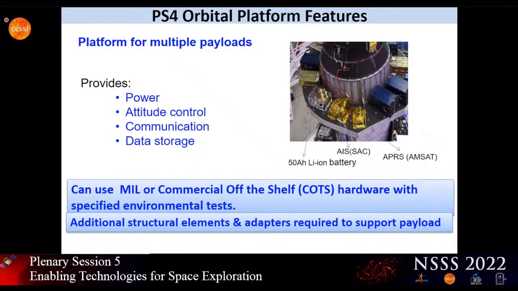This is what you usually face with space grade components because they are extremely costly. Whereas commercial off-the-shelf hardware is much cheaper than that, or mil grade at the most. This is the type of components that you can use in the orbital platform. The only thing is that it has to be tested for the specified environmental conditions.